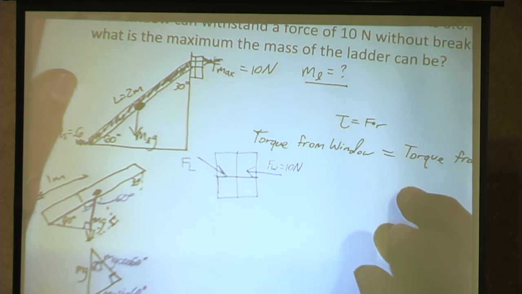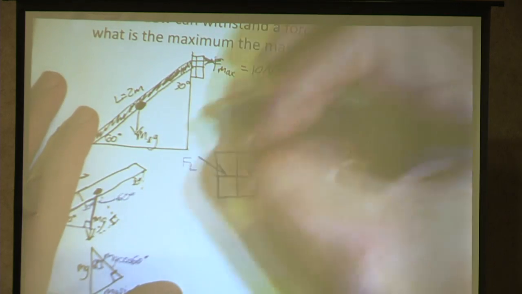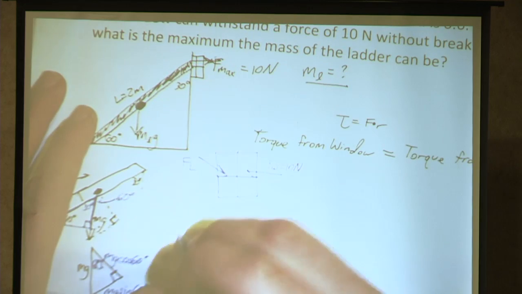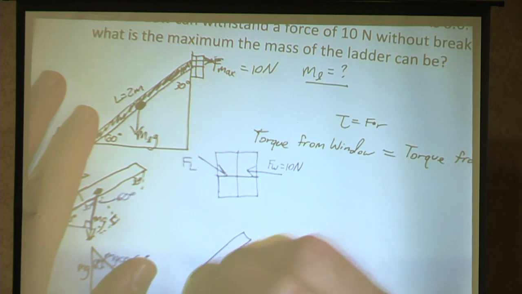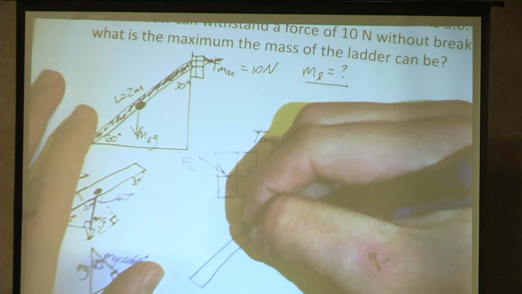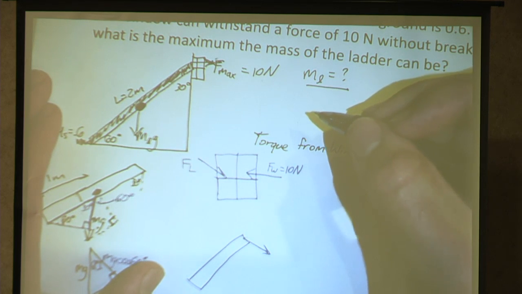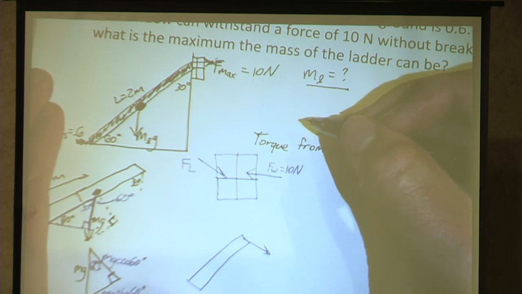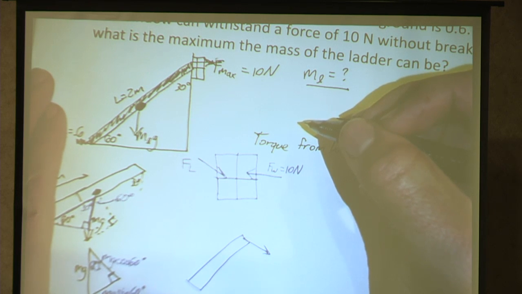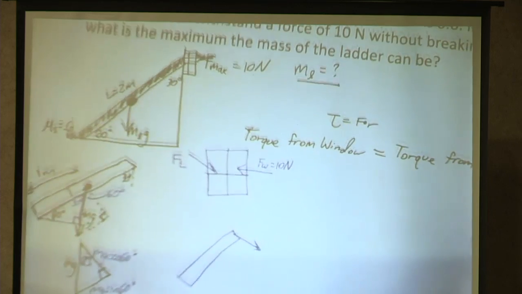So I'm going to redraw. A lot of redrawing. So this force of the ladder, right, that is pushing downward at a certain angle. What angle is that pushing at? Okay. So that's why I'll draw it up.